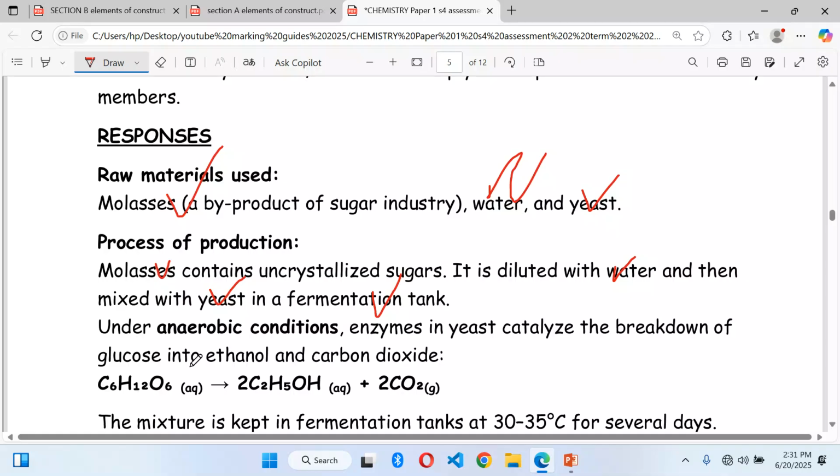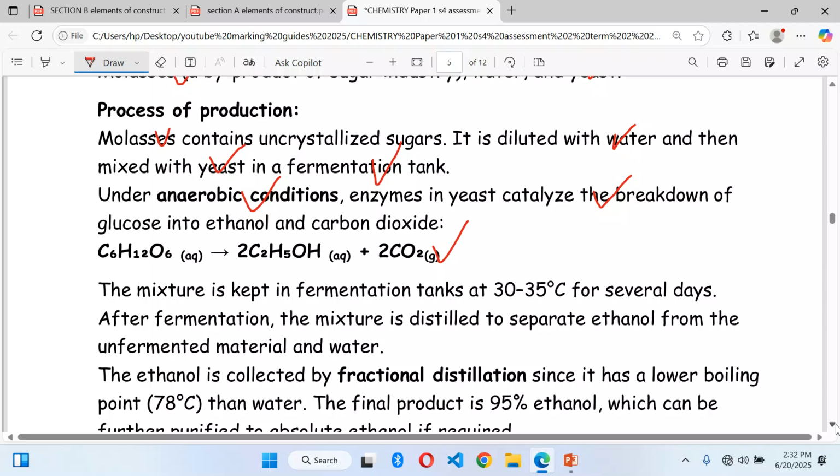Okay. Now, under anaerobic conditions, enzymes in yeast catalyze the breakdown of glucose into ethanol and carbon dioxide. Good. Then the mixture is kept in fermentation tanks at a temperature of 30 to 35 degrees Celsius for several days.